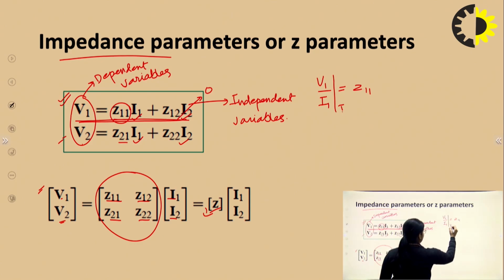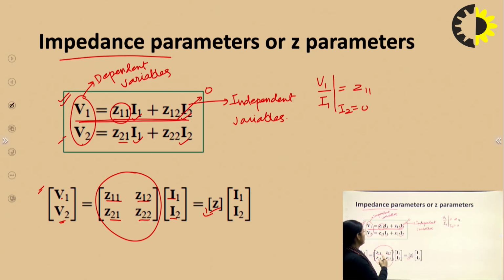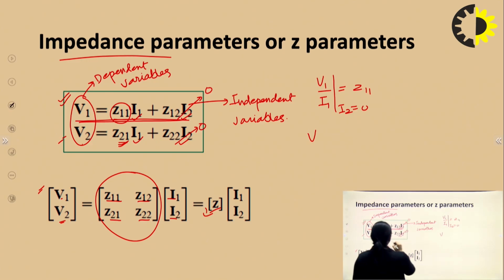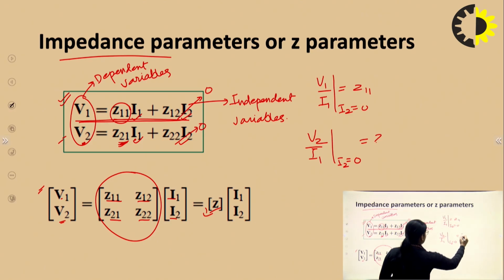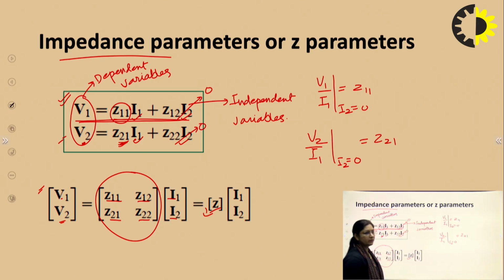So I can write, when I2 is equal to 0, Z11 is equal to V1 by I1. Similarly, if I want to calculate Z21, I again need I2 equal to 0. Z21's value will be V2 by I1, when I2 is equal to 0.